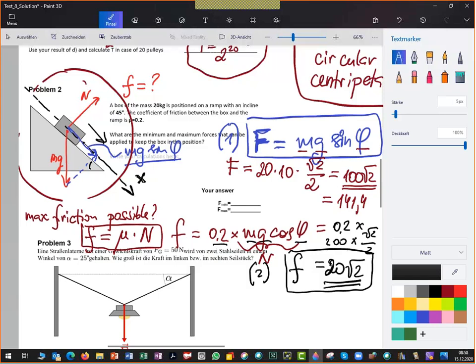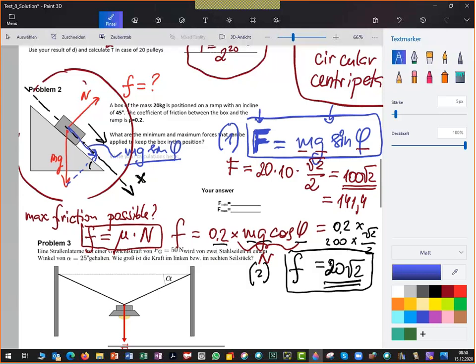Just think about such a block, and you use your finger to stop this block from moving, to prevent it from moving. And this is your friction force. Now think about if you apply precisely the blue force we've shown here. Will it move? No, it will not move because both forces are perfectly equal to each other.